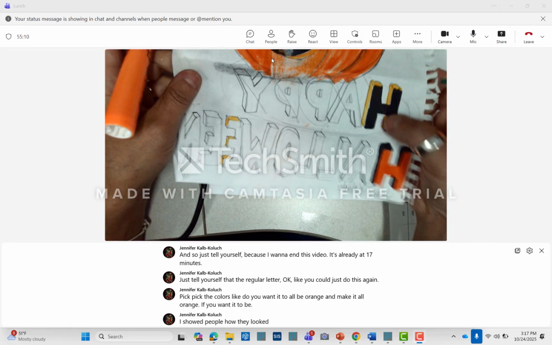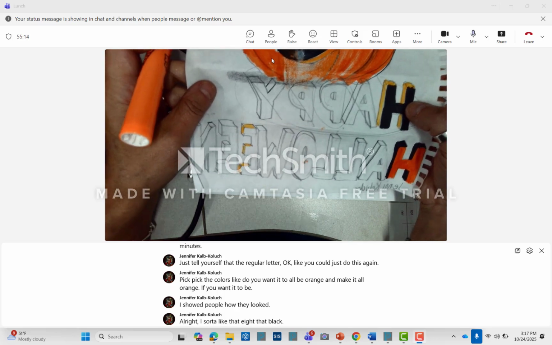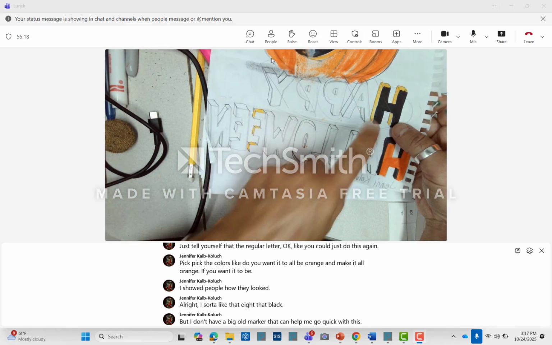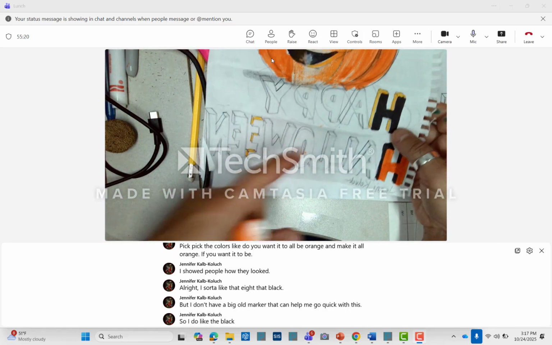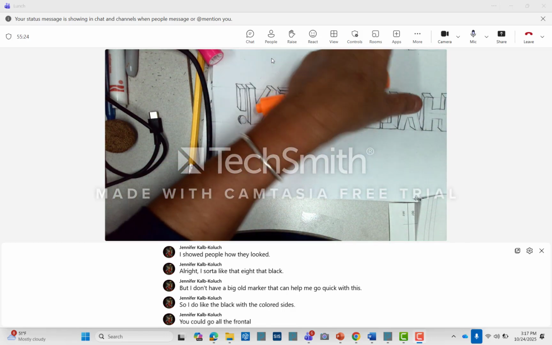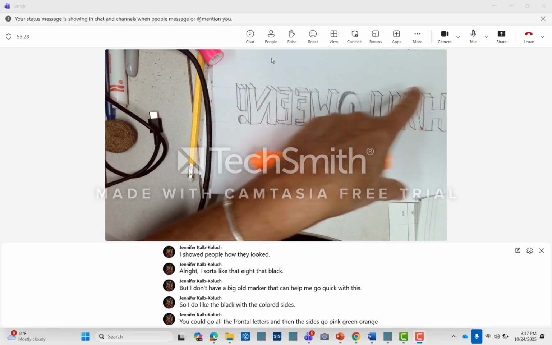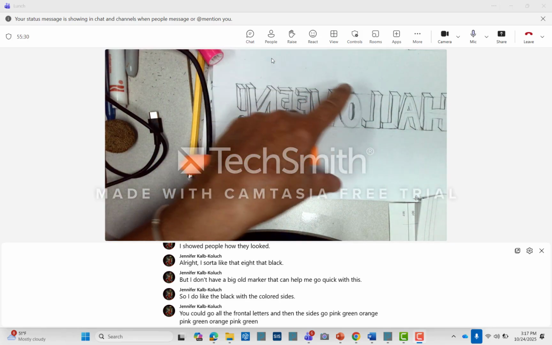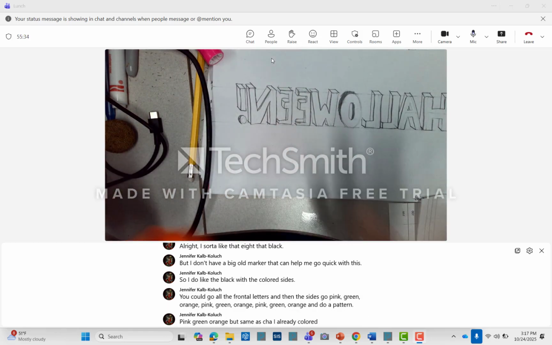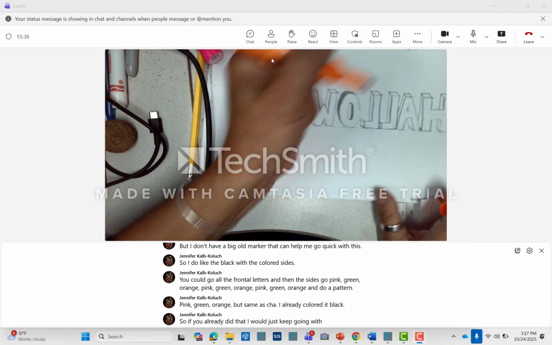I sort of like that black, but I don't have a big old marker that can help me go quick with this. So I do like the black with the colored sides. You could go all the frontal letters and then the sides go pink, green, orange, pink, green, orange, and do a pattern. But see, Ms. K already colored it black. So if you already did that, I would just keep going with it, but you can always change it.